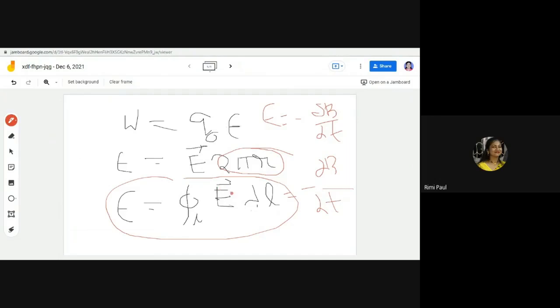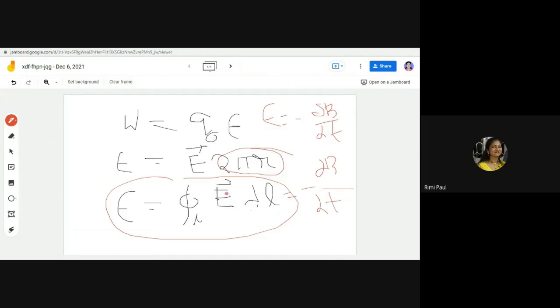In the previous case, what we have seen is that if I take a conductor and a static current is flowing through this conductor, magnetic flux is induced, right? Now what we are taking is that the current is time varying, so magnetic flux is now changing.